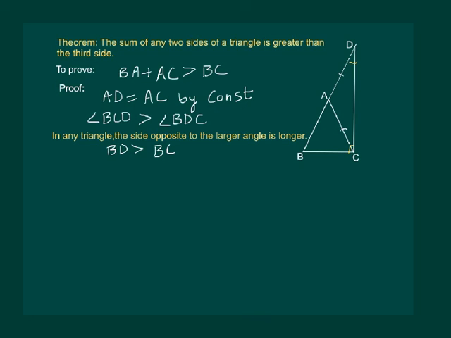But BD can be written as BA plus AD. It is greater than BC.